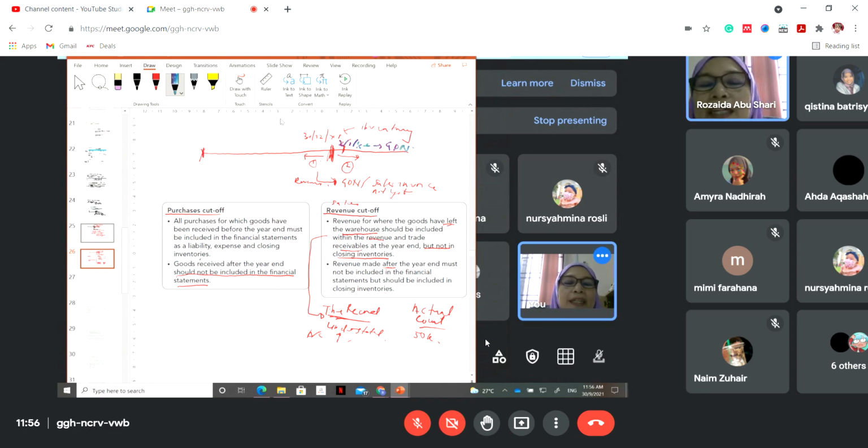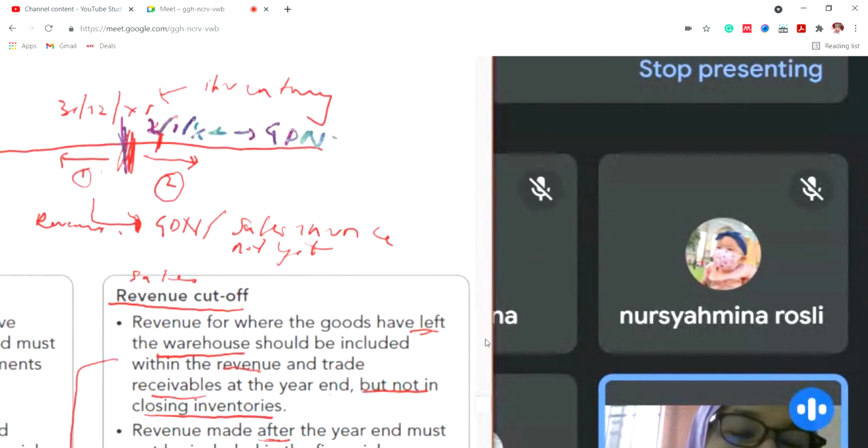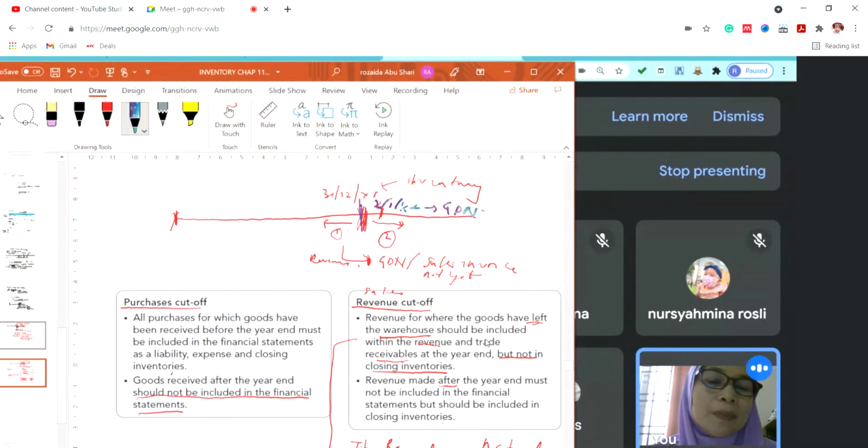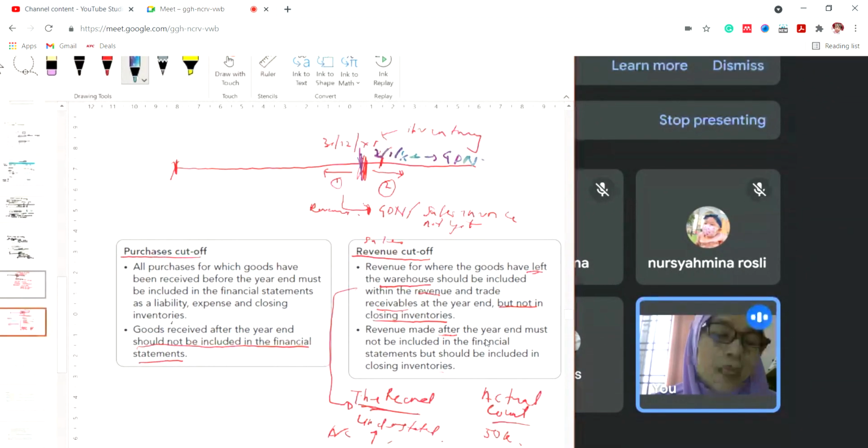So in the counting of inventory, this inventory should be included. Sebab inventory tu masih lagi ada kat dalam sistem. Sebab dia belum keluar lagi daripada warehouse. It's not taken out yet, or not yet delivered to the customer.